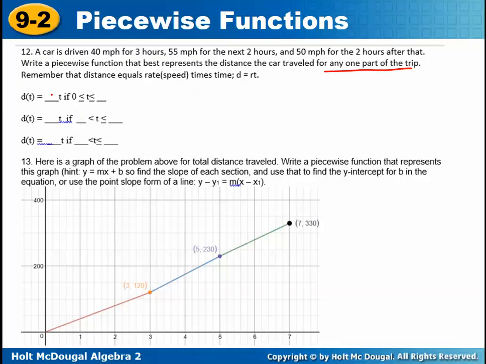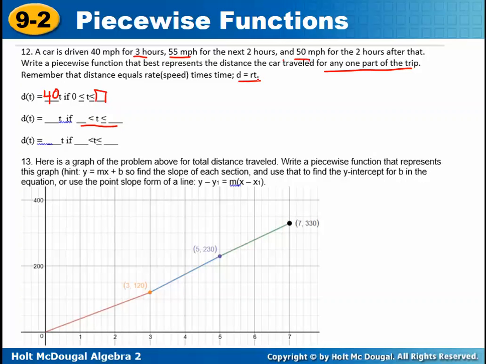You can just figure out the rule for each part of the trip instead of the total distance at any given time. So the first one is 40 miles per hour, distance equals rate times time, and then you just need to figure out what the time is for that one when it's up to this much. And then the next one is 55 miles per hour, and then figure out what the domain should be.